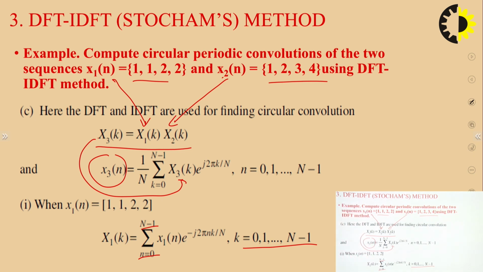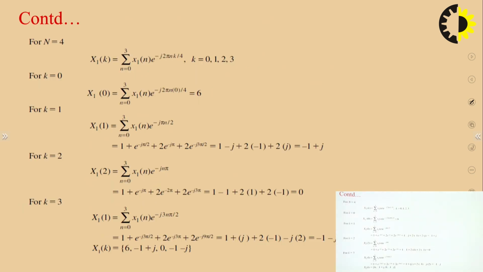We will simply put the value of n. First we will put the value of k. Let's say we will find X1(0), and for each value of k, the value of n varies from 0 to N minus 1, and the value of N is 4 here. So for N equals 4, this is the value of X1(0), this is X1(1).